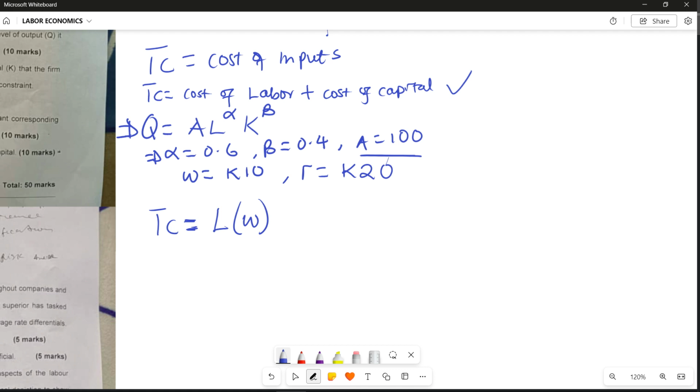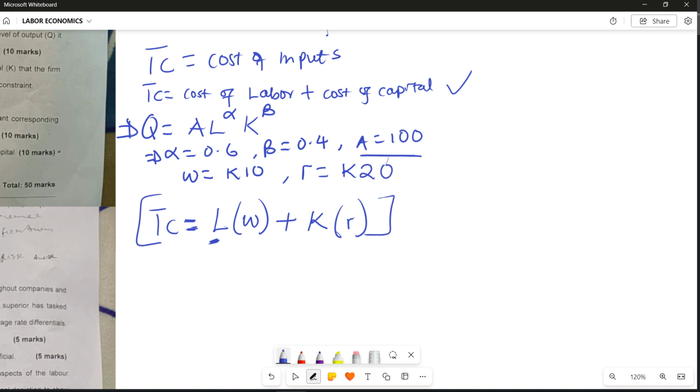So therefore the total cost of labor is the number of security guards we are going to hire multiplied by the wage that each security guard will be getting. You see that? So that is the total cost of labor. Plus, now we have to add the cost of capital. And the cost of capital will be the number of capital units that we are hiring multiplied by the rent that we'll be paying for each unit of capital that we're going to hire. So this is the general formula of the total cost function.